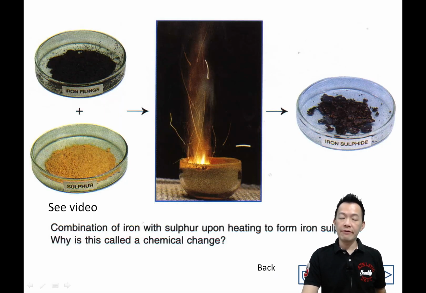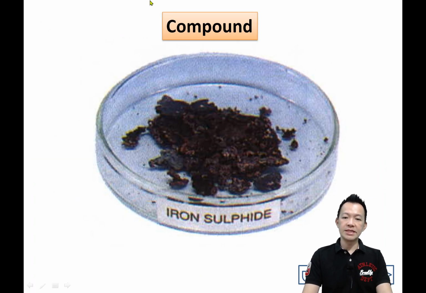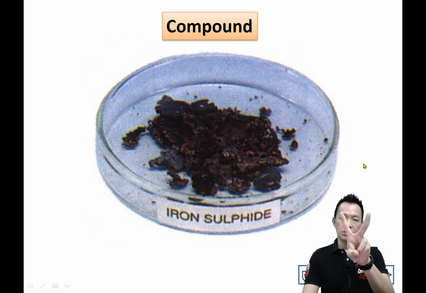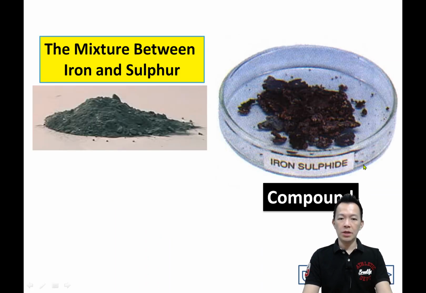Okay. So what's the difference? So from this experiment, what we can learn, 我们学到了什么东西呢？Okay, before and after, 混合物起了化学反应，变成了化合物。And what's the difference? 它们的差别在哪里？So this is a mixture between iron and sulfur, and this is a compound called iron sulfide. But what are the differences between these two?